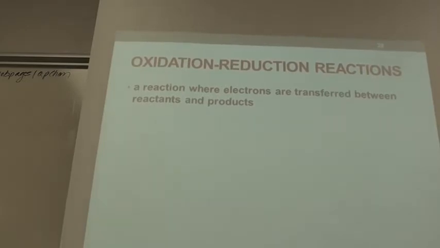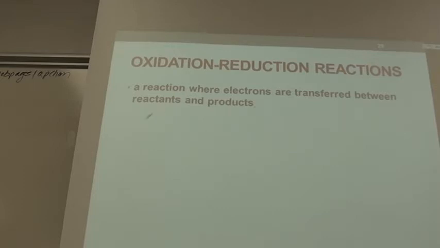So oxidation and reduction reactions are a special type of chemical reaction, and not only are atoms rearranged in this type of reaction, but electrons are transferred or rearranged between the reactants.